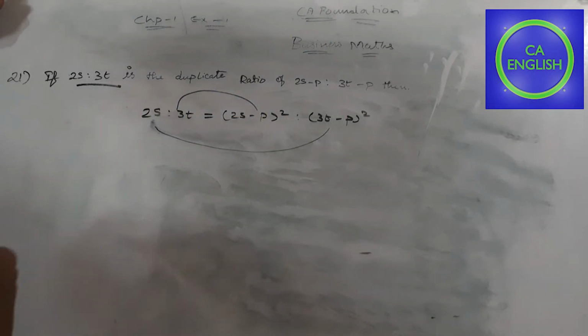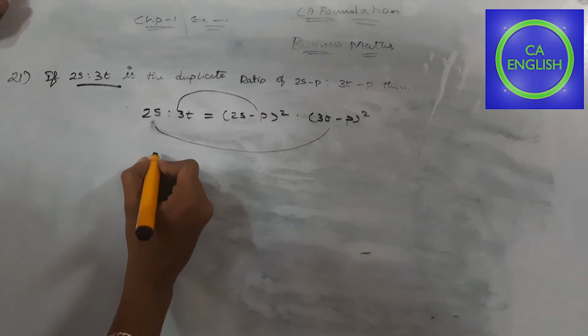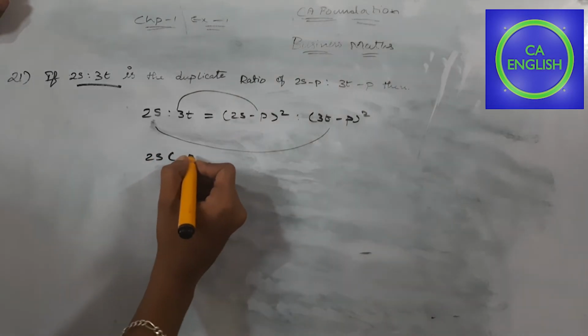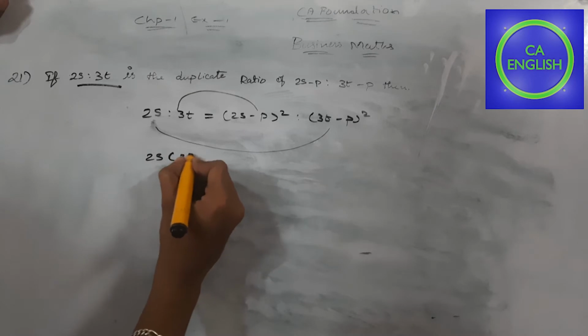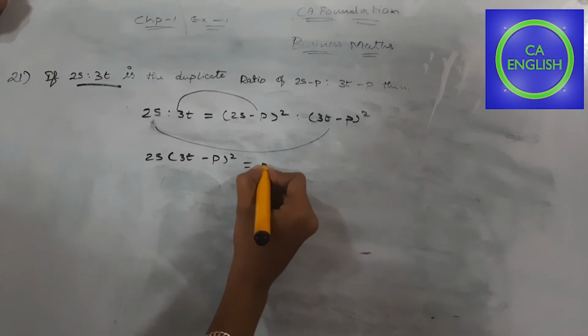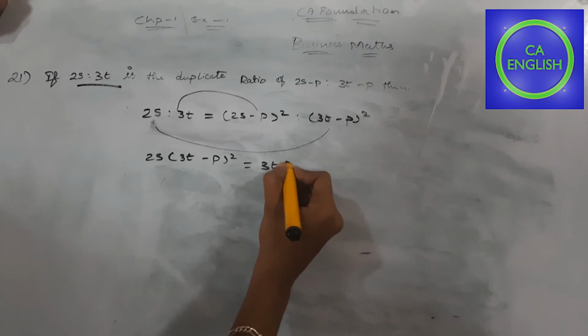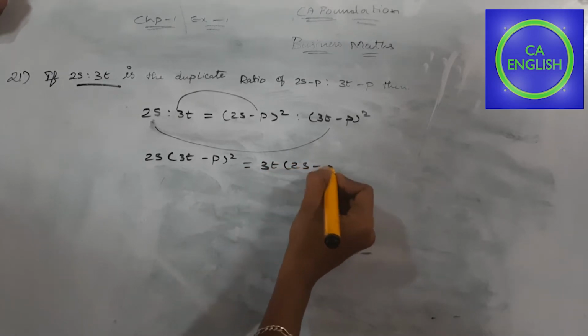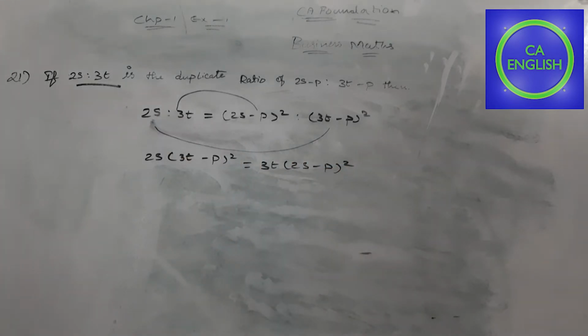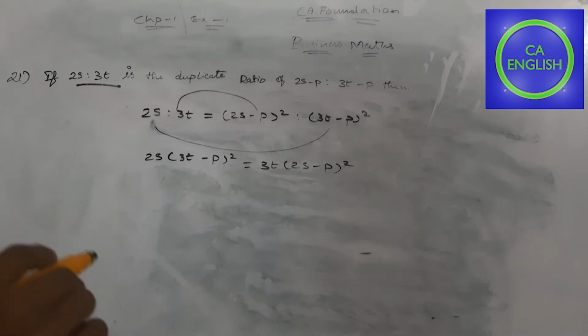If you multiply, the answer will be 2s into 3t minus p whole square. Okay, then 3t into 2s minus p the whole square, it will be the answer. Now here we want to solve this and find the answer.